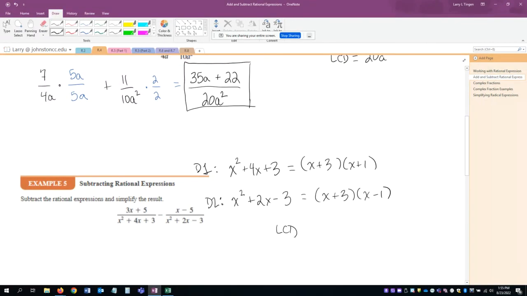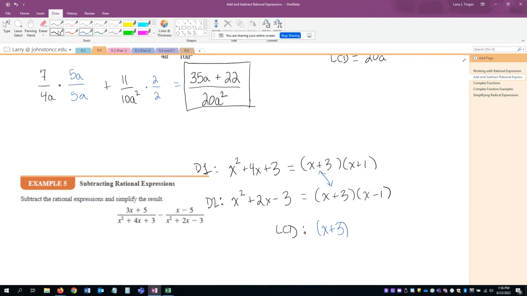And what did I do last time to get the LCD? If there were any factors that were shared, I multiplied by them once. Any shared factors here? Yeah. x plus 3 appears in both. So I'm only going to write that once. I said minus, but I meant plus. I'm sorry. x plus 3 appears in both of my prime factorizations.